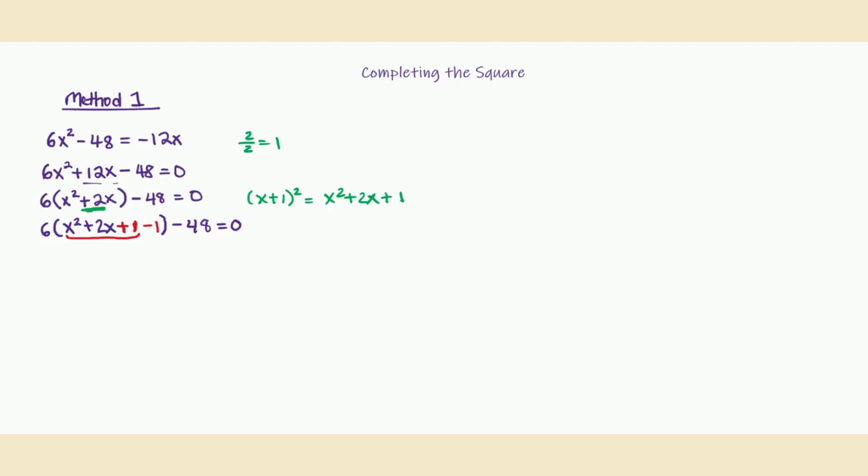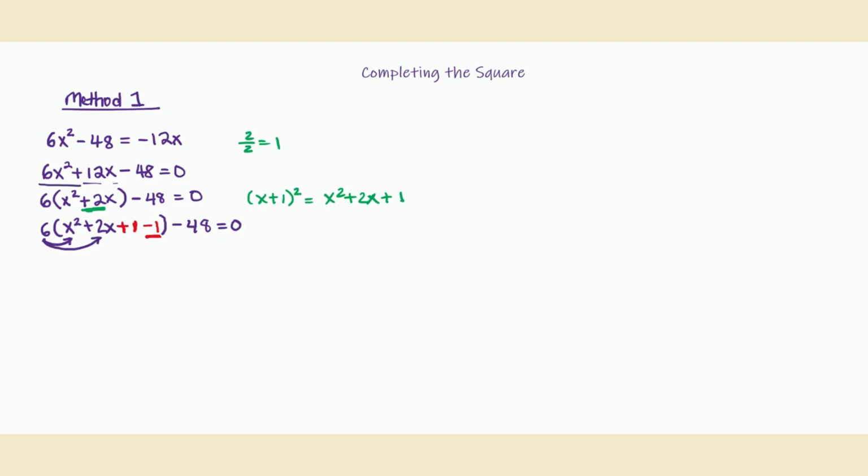Now this 1 is quite inconvenient, this negative 1. And so what we need to do is actually remove it from parentheses here so that we can write our perfect square normally. Keep in mind that this 6 is still operating on all the terms. Your original expression was 6x squared plus 12x, and so you still have that here. 6 times x squared is 6x squared. 6 times positive 2x is positive 12x.